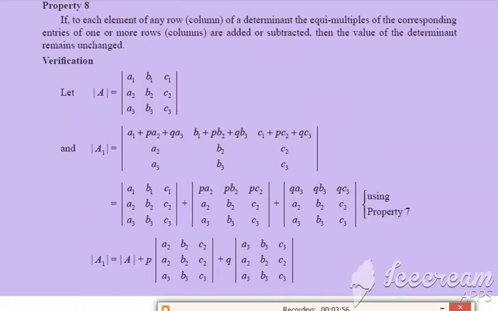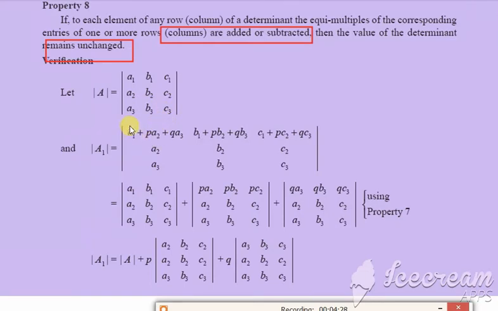If to each element of any row or column of a determinant, the equal multiples of corresponding entries of one or more rows are added or subtracted, then the value of the determinant is unchanged. So here I am taking the determinant of A: A1 B1 C1, A2 B2 C2, A3 B3 C3.